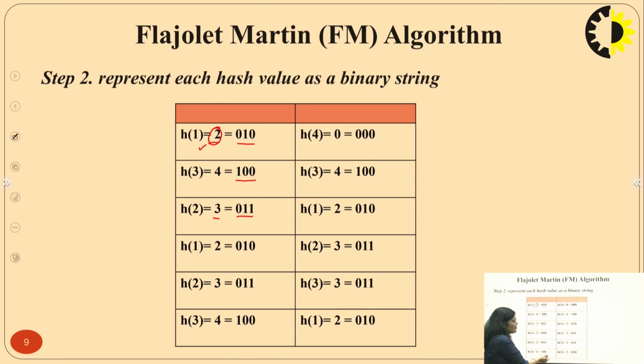And similarly, we are repeating the same process for the other elements. As you can see, for h4 we will be getting the output of the hash function as 0. So 0 in binary, we take this and encode it into a 3-bit string of all zeros. This way we have proceeded for each and every element of the stream.